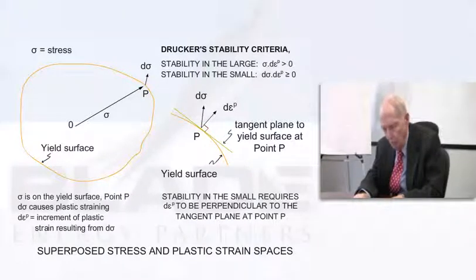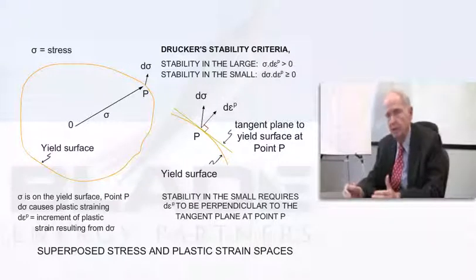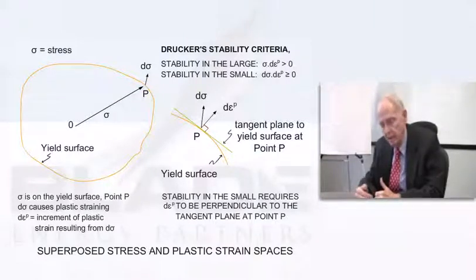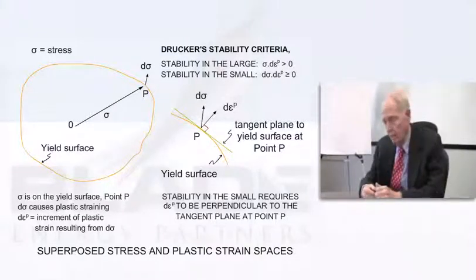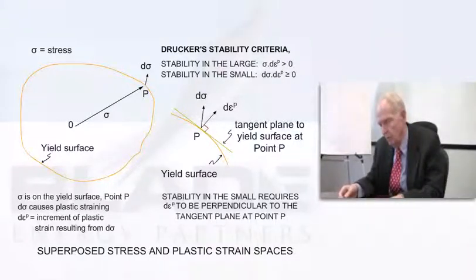And an example of this is a compacted soil. If I push on it, and it shears, it gets weaker. So d sigma decreases rather than increases. And you can say then that for a compacted soil, it's an unstable material. And I think that's a good way to look at Drucker's stability.